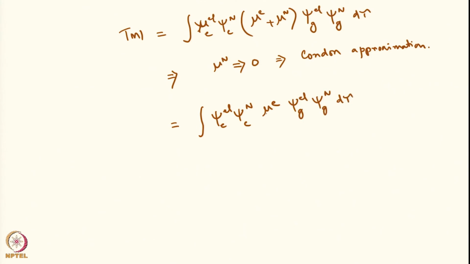Now, we will see that mu E electronic will only act on psi E and psi G electronic. So, this will be equal to the integral of psi E electronic, mu electronic, psi G electronic, d tau, and the integral over psi E nuclear, psi G nuclear, d tau prime, because the nuclear coordinates are different from the electronic coordinates.